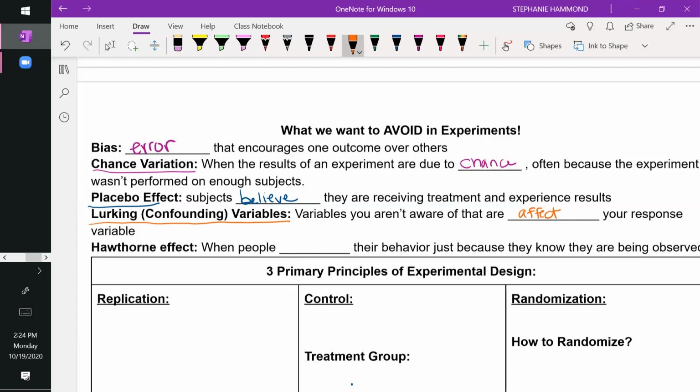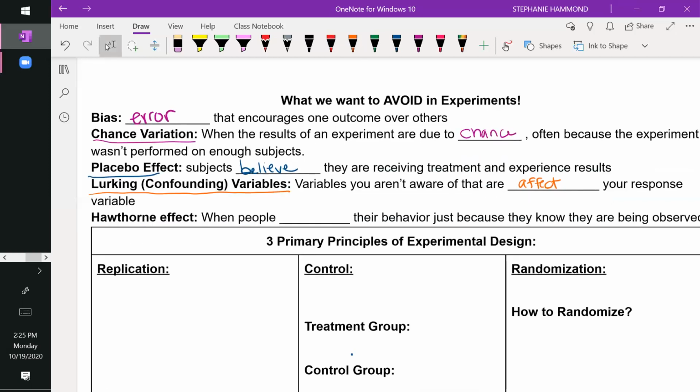Maybe a dog came over and peed on one of the plants and made it stop growing. All kinds of things can come into these problems and affect what's happening. So there's always lurking variables, and we can try to predict what those lurking variables might be and then control those lurking variables. But in a lot of cases, there's going to be more lurking or confounding variables that we might not even think of. So we have some ways to kind of help avoid that happening.